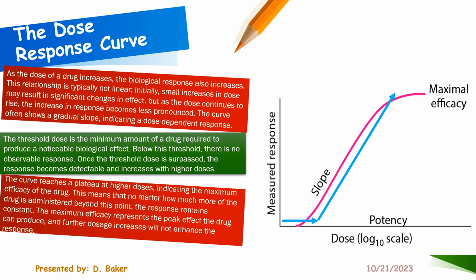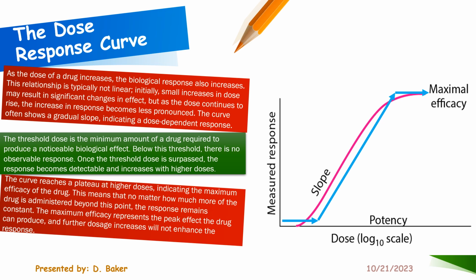The curve will rise. This is not always linear until it reaches what is known as the maximum therapeutic point or maximum therapeutic concentration for the specific drug. And at this point, the curve will plateau. Where the curve plateaus, there is no additional therapeutic benefit from the drug.